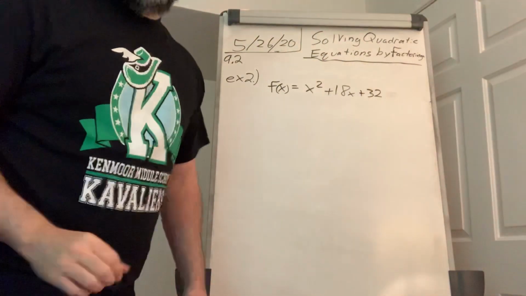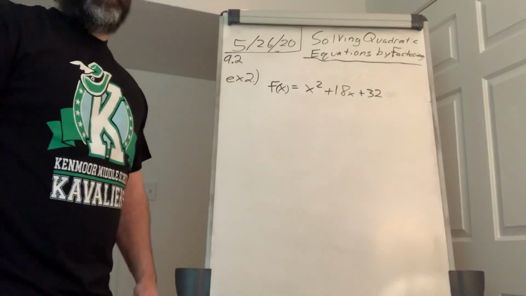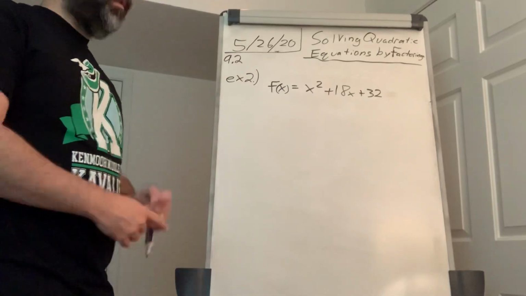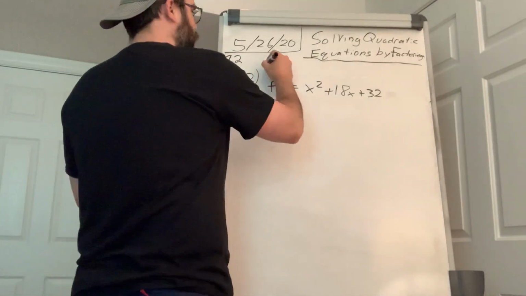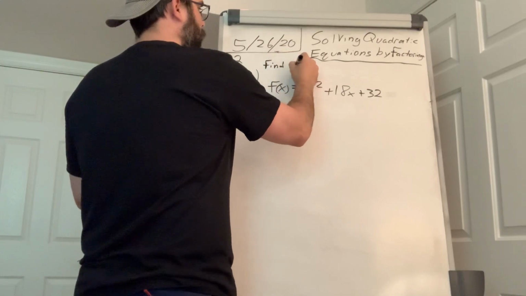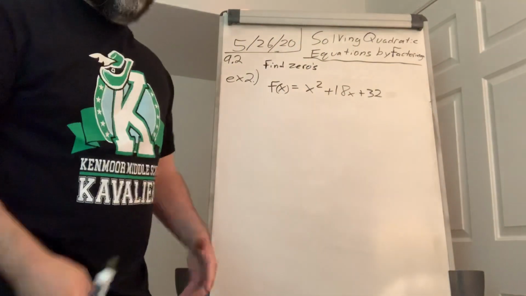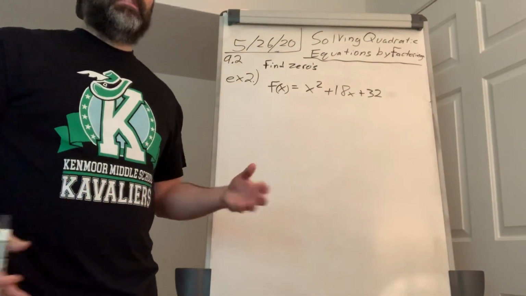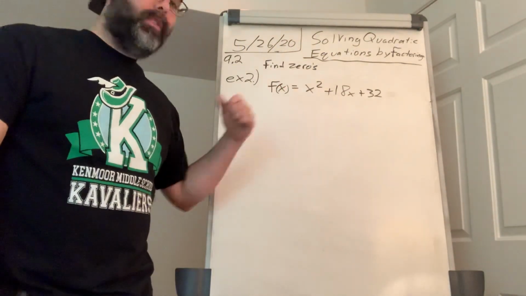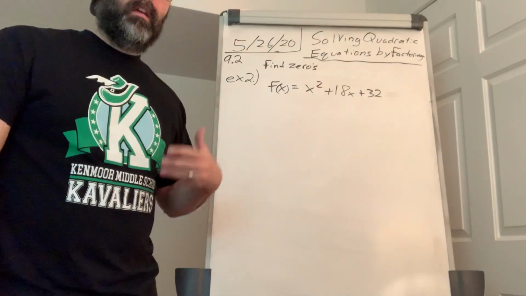Okay, so here we have a quadratic function, and we want to find the zeros. All right, and what that means is it's asking you to find the solutions to this equation if y is 0.